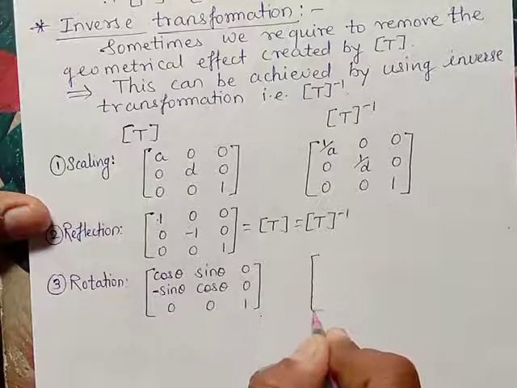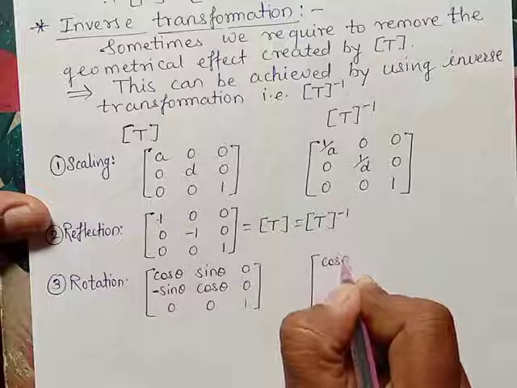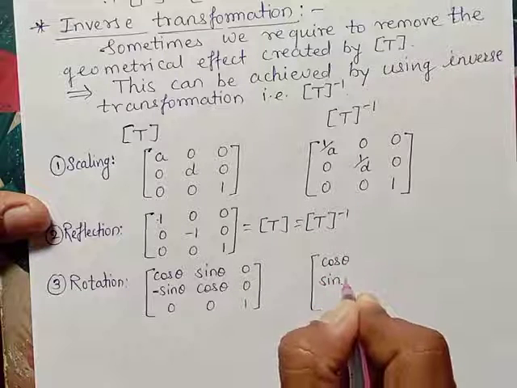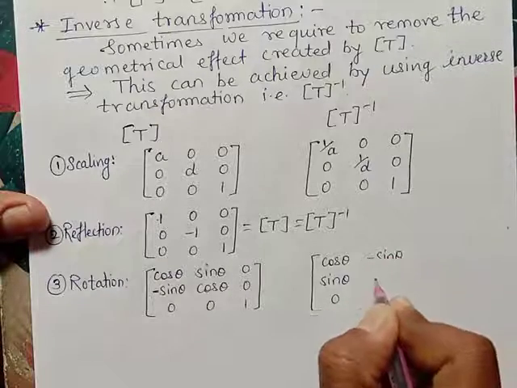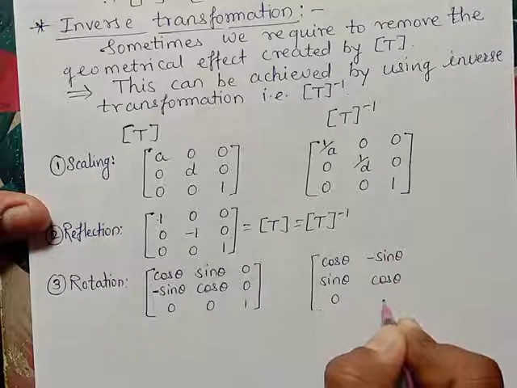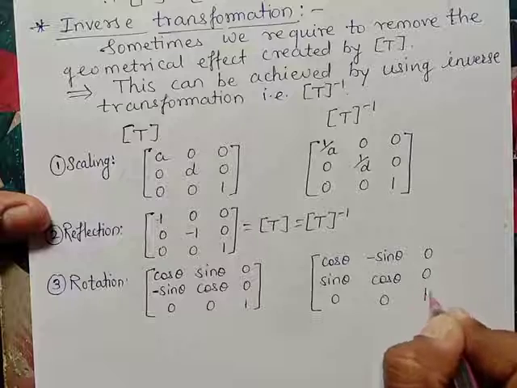And T inverse is what? Cos theta, sin theta, 0, minus sin theta, cos theta, 0 and 0, 0, 1.